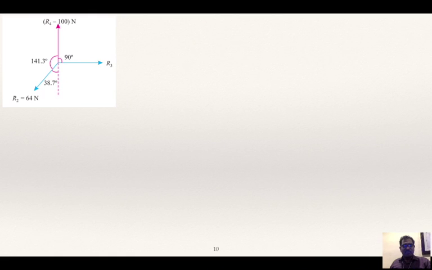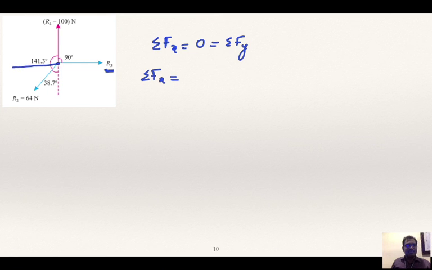Now with that we'll get into the last part, wherein you can solve this problem by sigma Fx and sigma Fy being equated to 0. If you equate sigma Fx equal to 0, already you have one force, that is R3, and then you have to calculate this force, that is R2 cos 51.3.